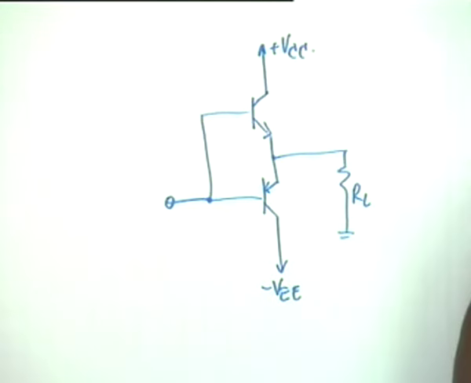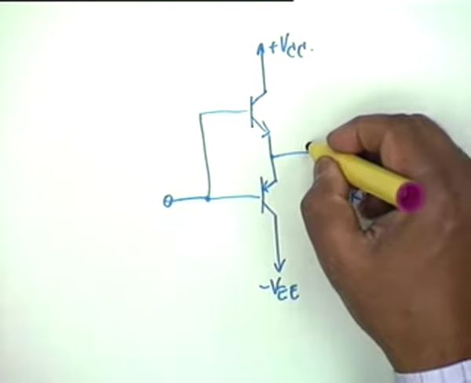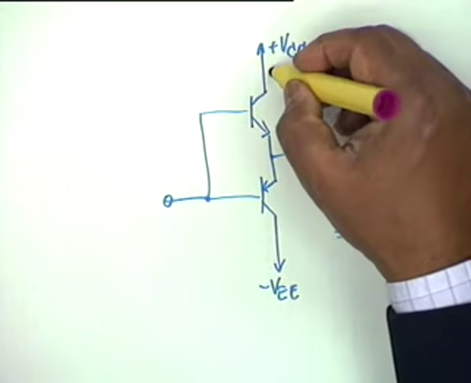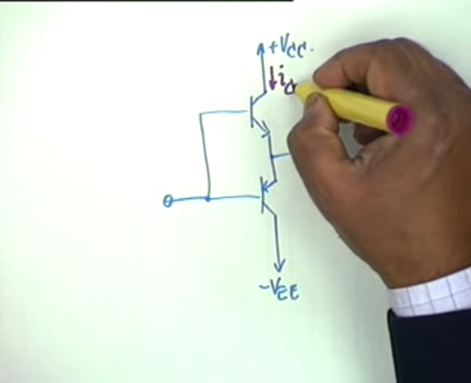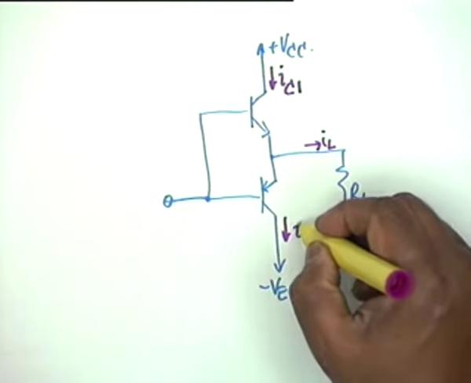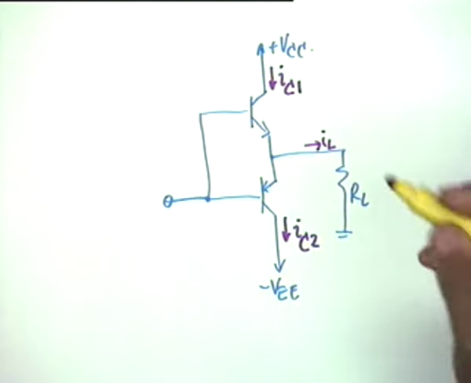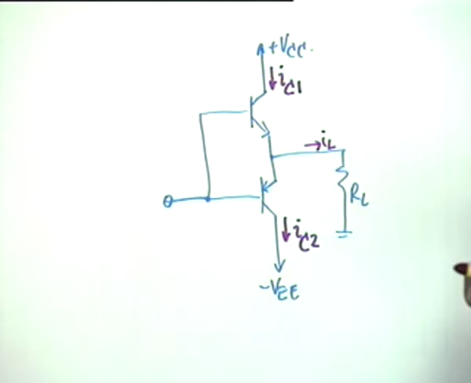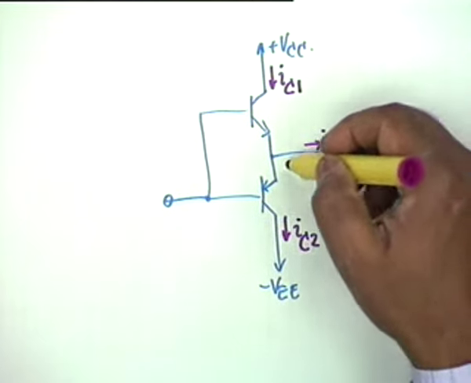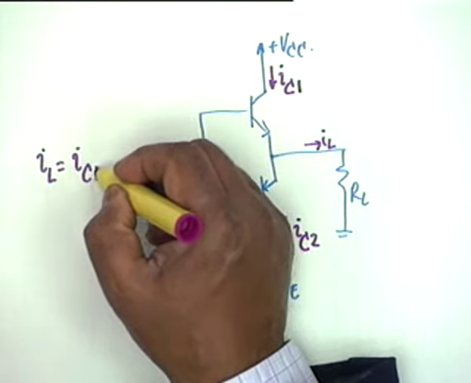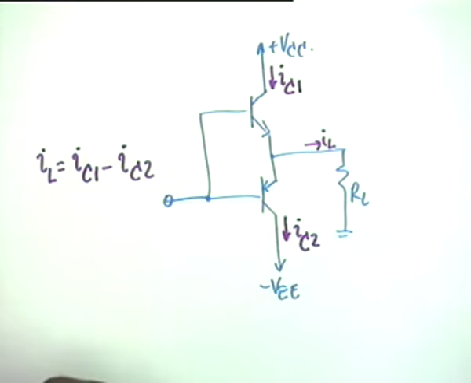Now you notice that the load current IL bears the following relationship to IC1 and IC2. IL is the difference between the two, isn't that right? IC1 equals IL plus IC2, therefore IL equals IC1 minus IC2.